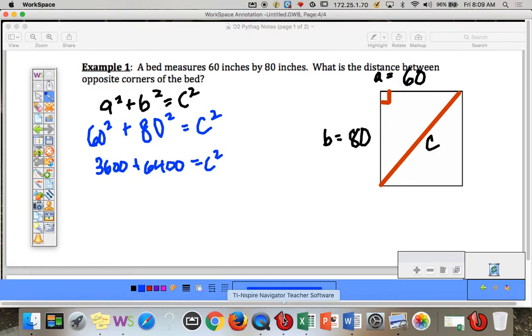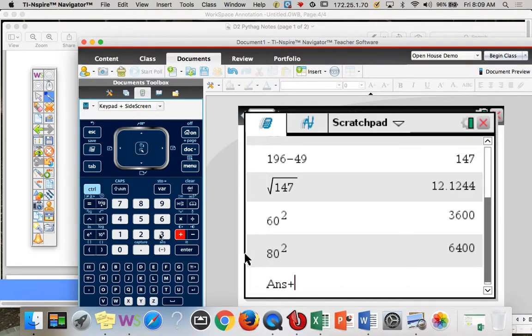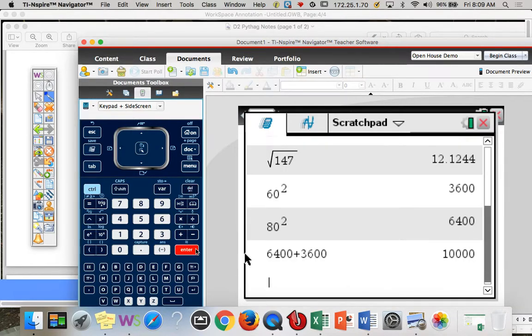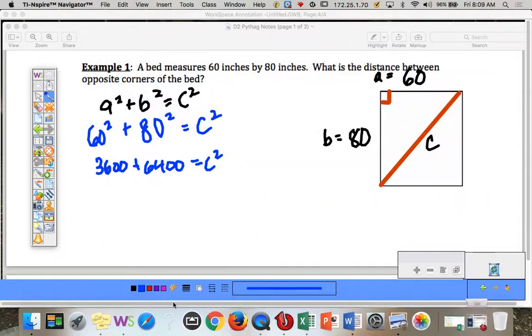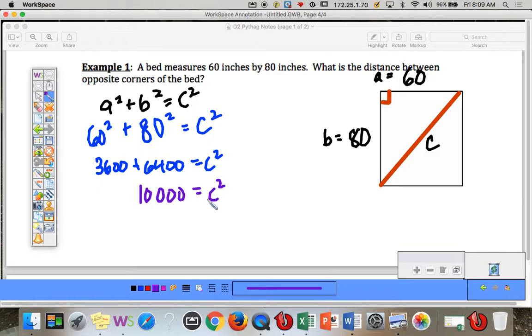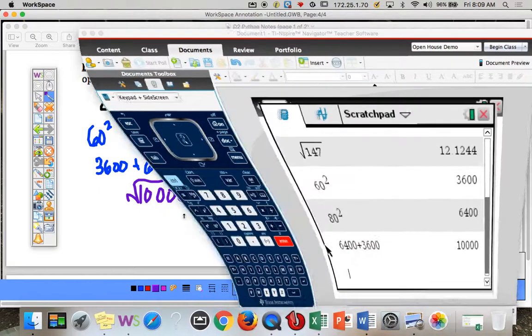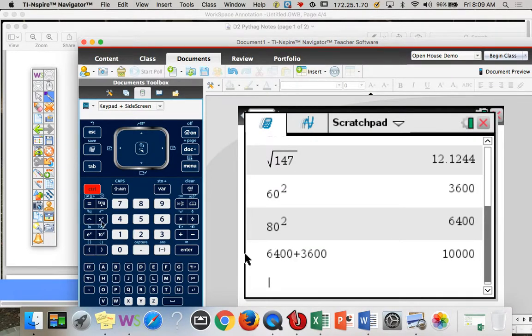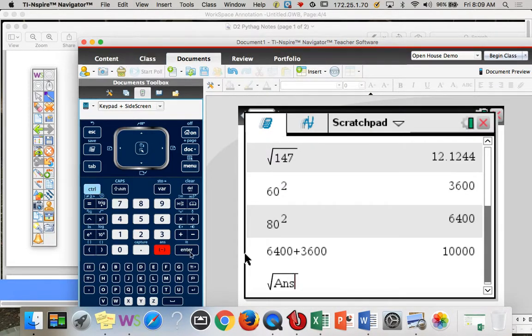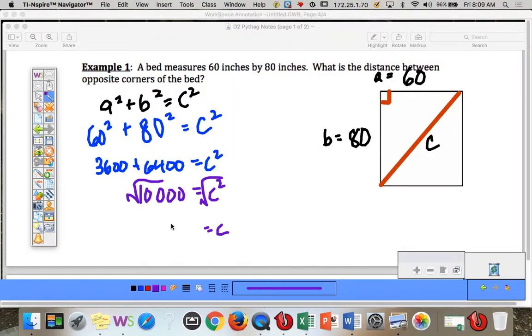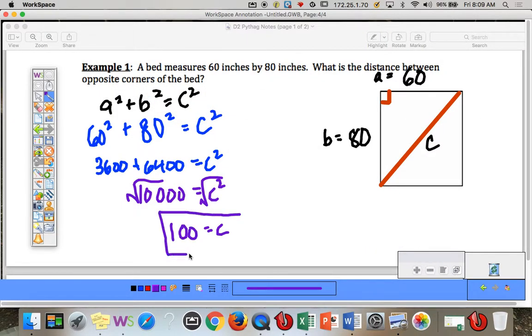Let's add those together. Ooh, too many zeros. All right, so we get 10,000 equals c squared. Take the square root. And we get 100. And this would be in inches. So this distance right here would be 100 inches.